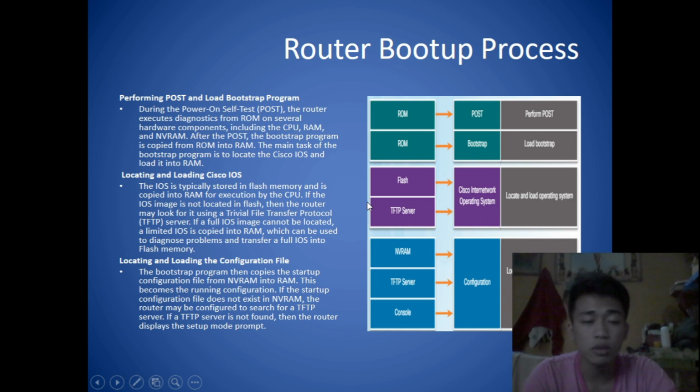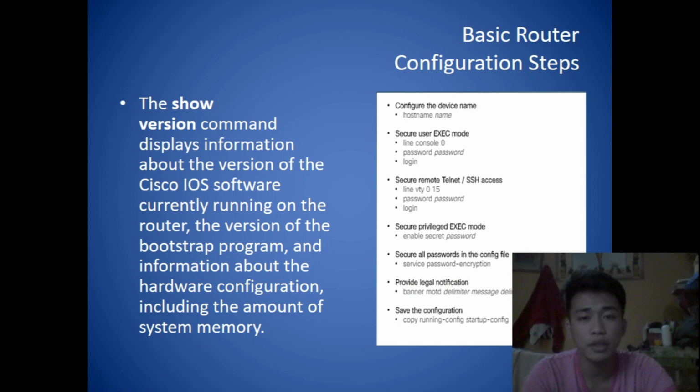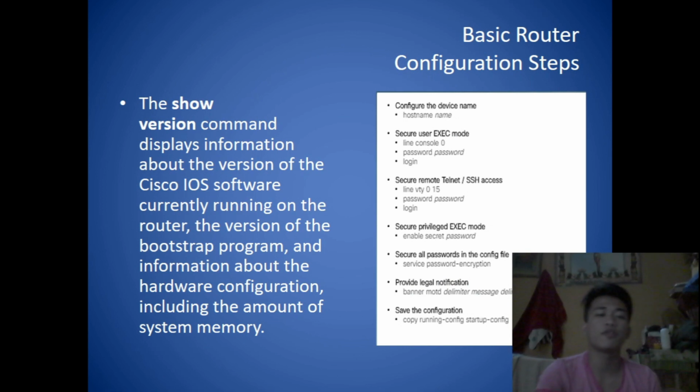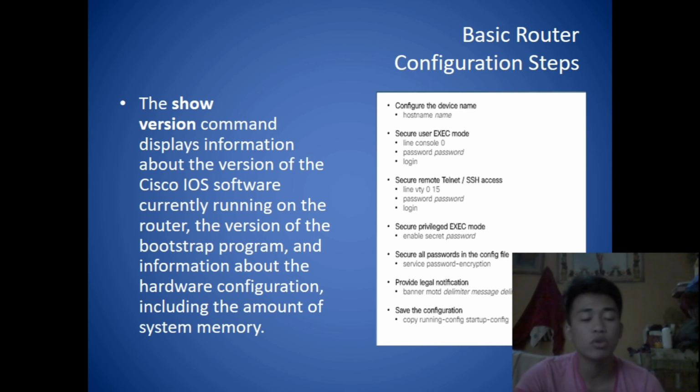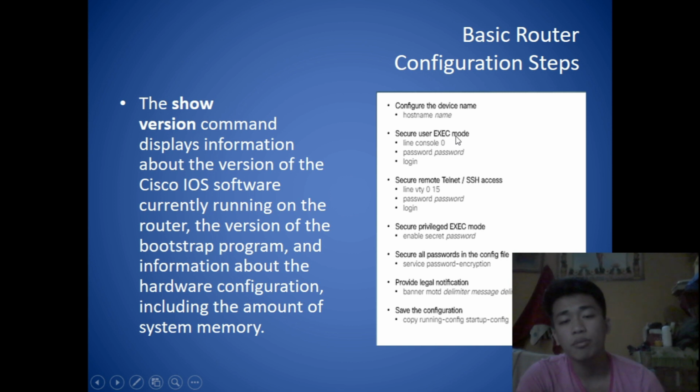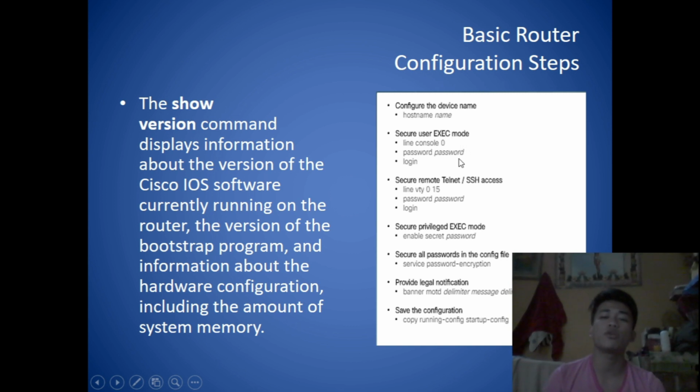Next we have the basic router configuration steps. The show version command displays information about the version of the Cisco IOS software currently running on the router, the version of the bootstrap program, and information about the hardware configuration, including the amount of system memory. To configure the device name, you type hostname. To secure user EXEC mode, type line console 0, password, login.